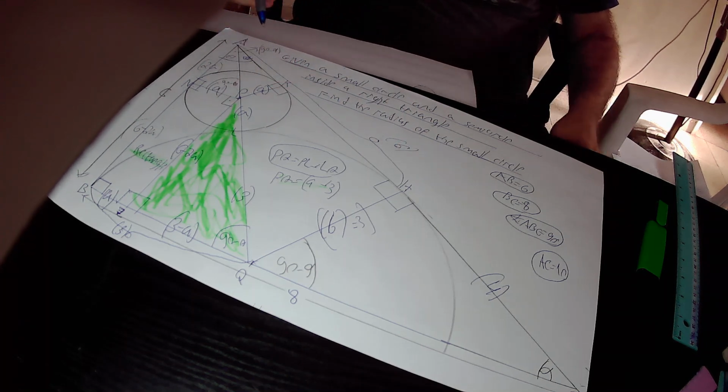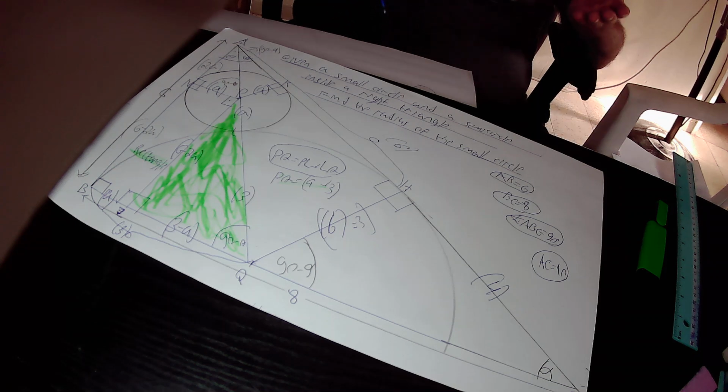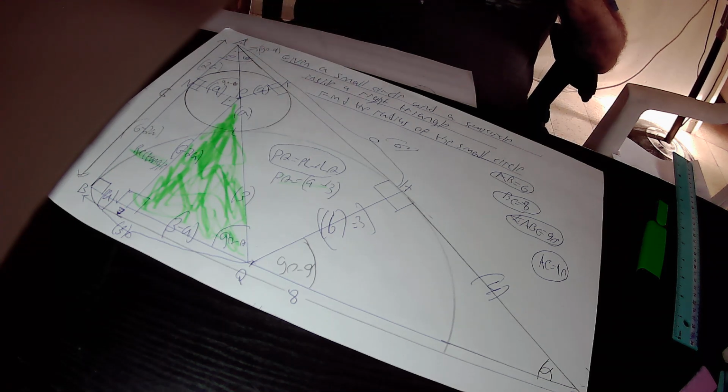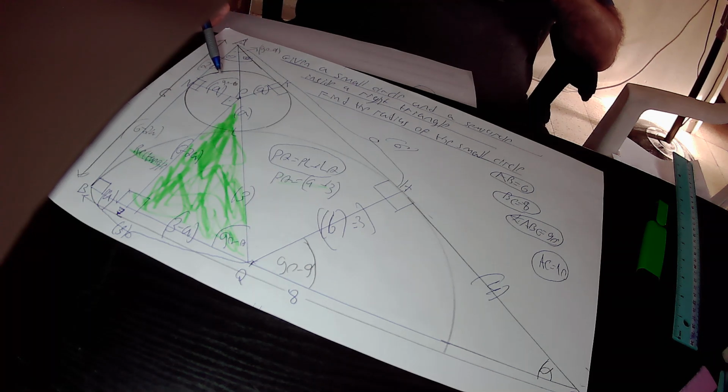The big semicircle is definitely bigger than the small circle, and therefore the radius of the big semicircle must be greater than the radius of this small circle. That is to say, the radius of this big semicircle, that is 3, must be greater than the radius of this small circle.